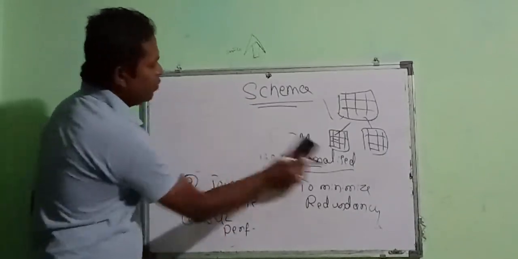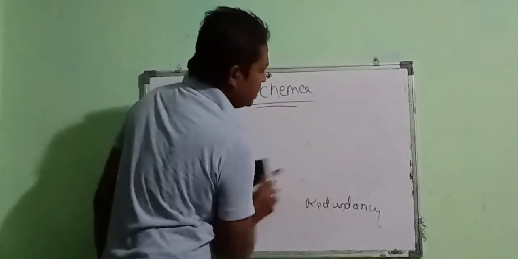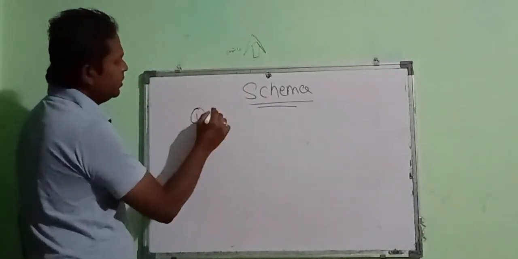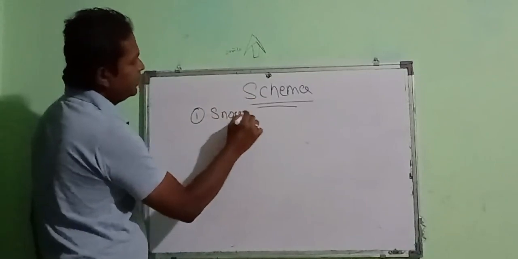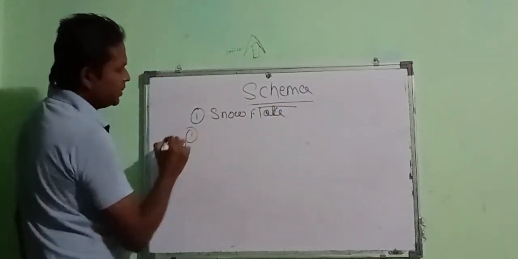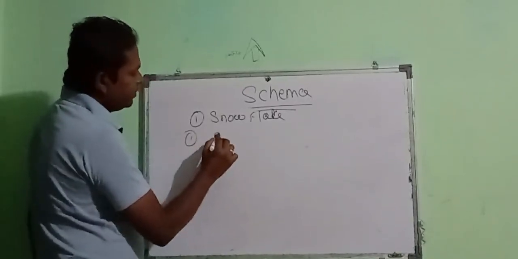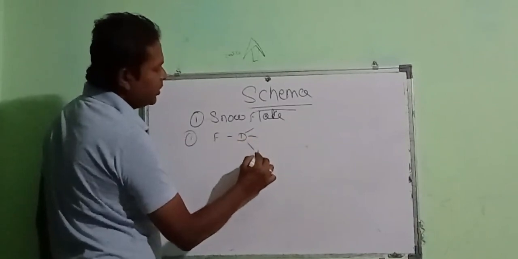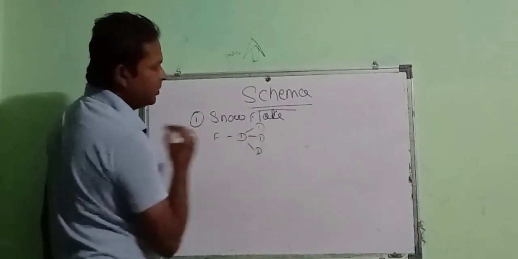Whereas if you consider snowflake schema, the first key point is that the fact table is surrounded by the dimension tables, and again the dimension tables are exploded into other dimension tables.